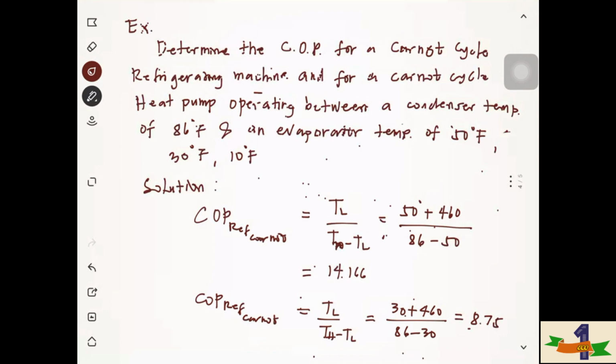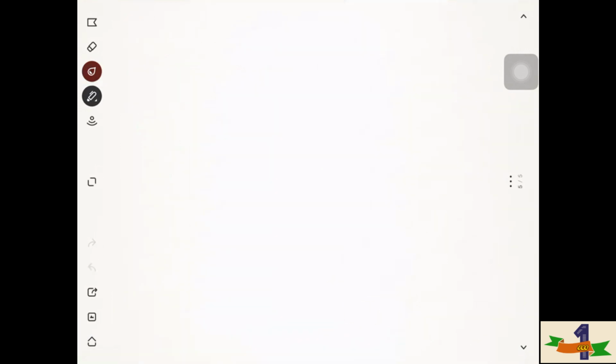And for 10 degrees Fahrenheit, the COP of the refrigerator, considering a Carnot cycle, is TL over TH minus TL.